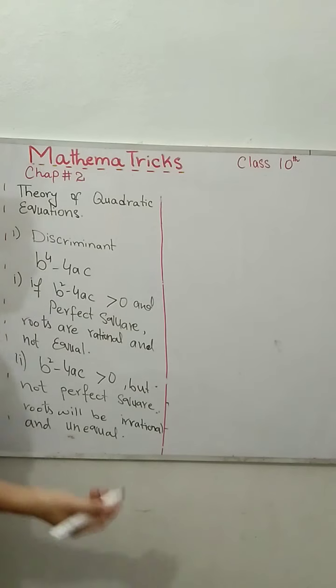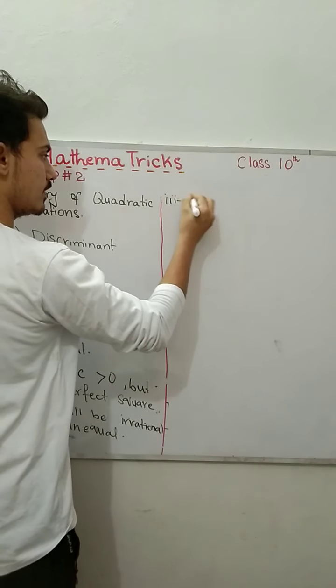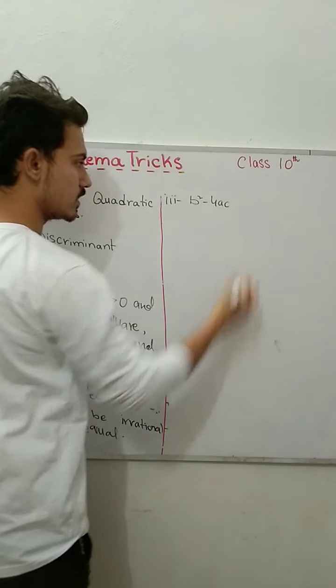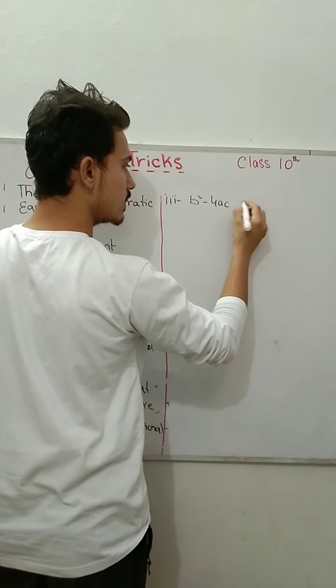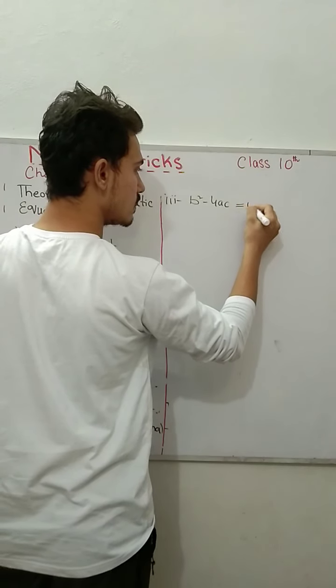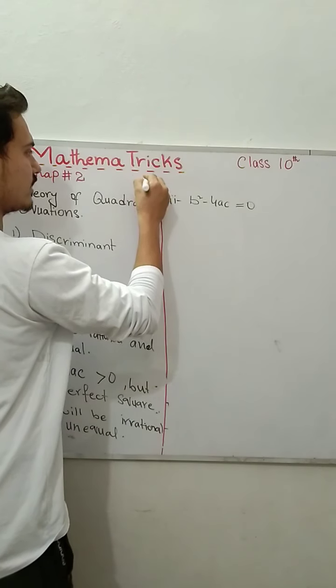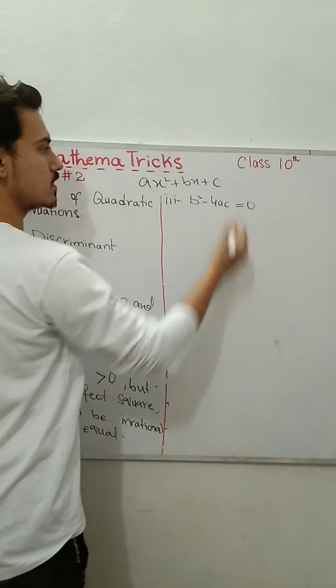Third part, we have basically 4 laws. Third one: if b square minus 4ac, your discriminant, is equal to 0. You just put the values of a, b and c. We have a quadratic equation ax square plus bx plus c, the standard form.